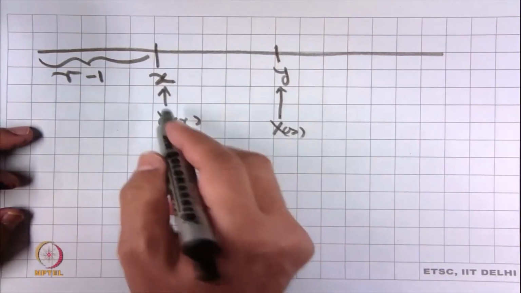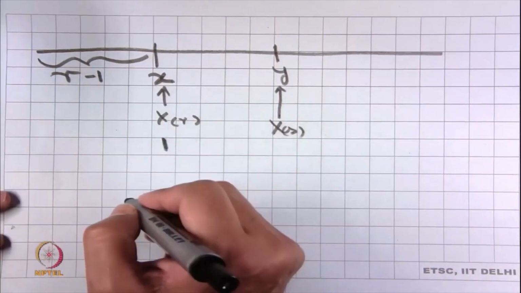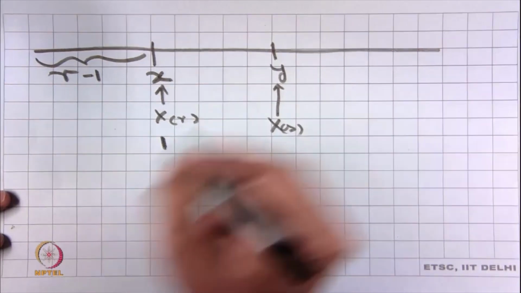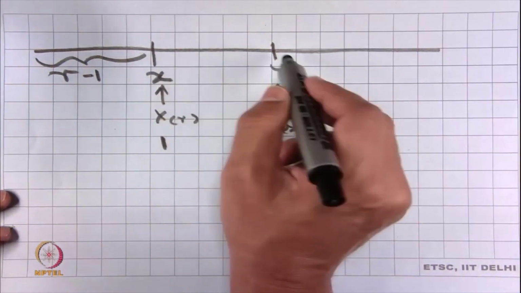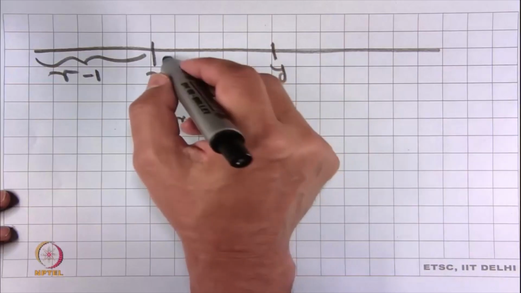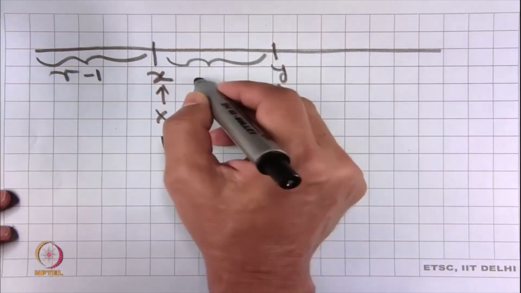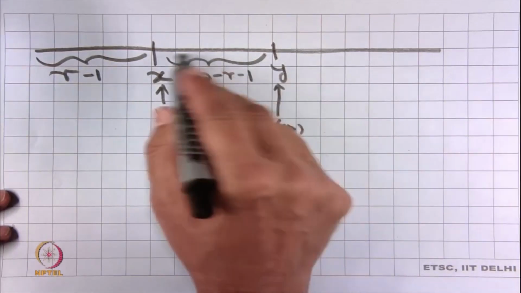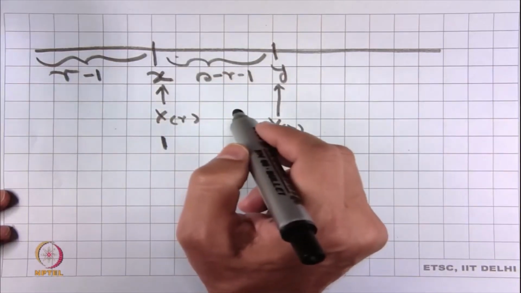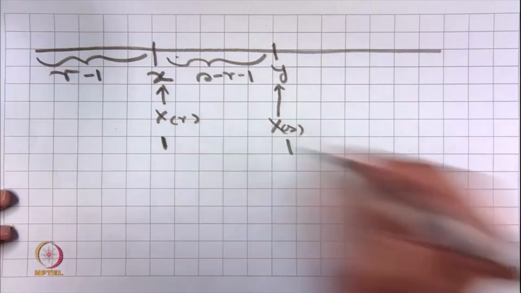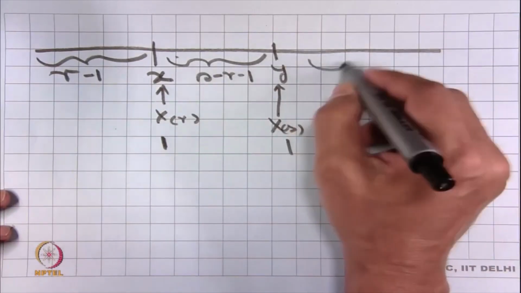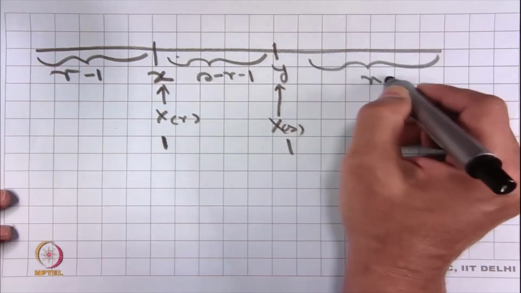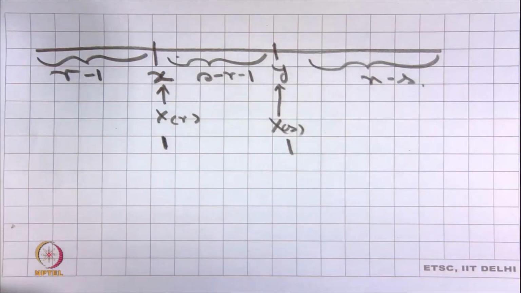The rth order statistic will be at this point. How many will be here? s minus r minus 1 observations will be here, 1 will be here and the remaining n minus s will be there.